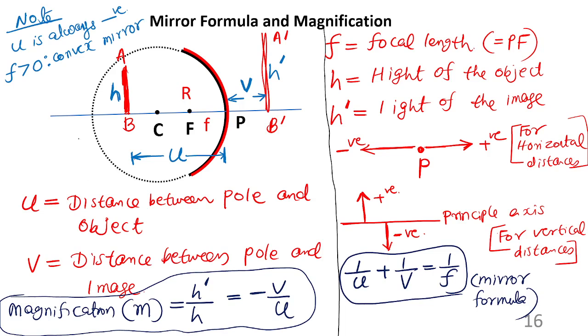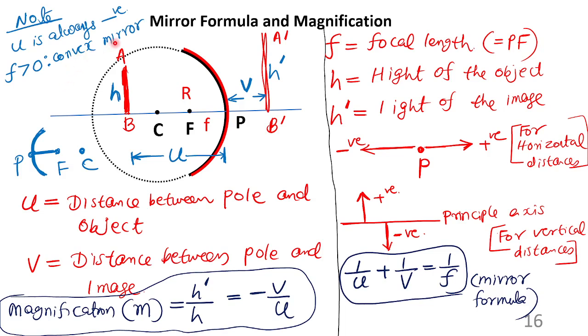The convex mirror looks like this. This is the pole. Center of curvature will be here. The focus will be here. The focus lies in the right side. Understood? In the case of convex mirror, the focus point lies in the right side of the pole, so this horizontal distance will be positive.